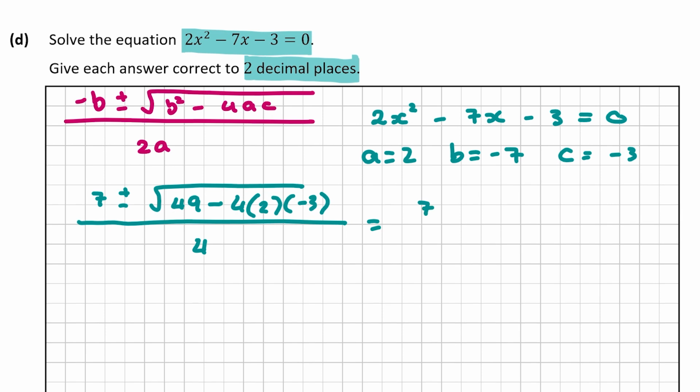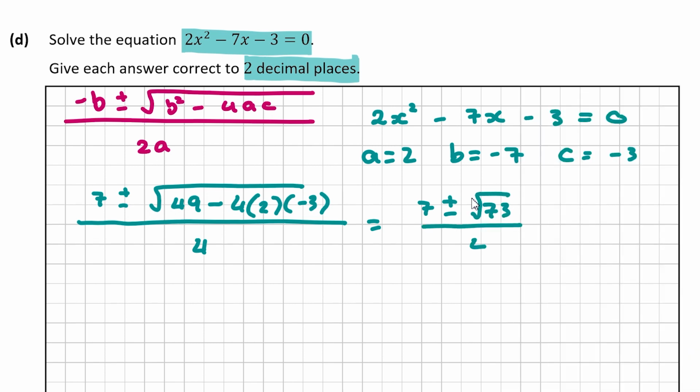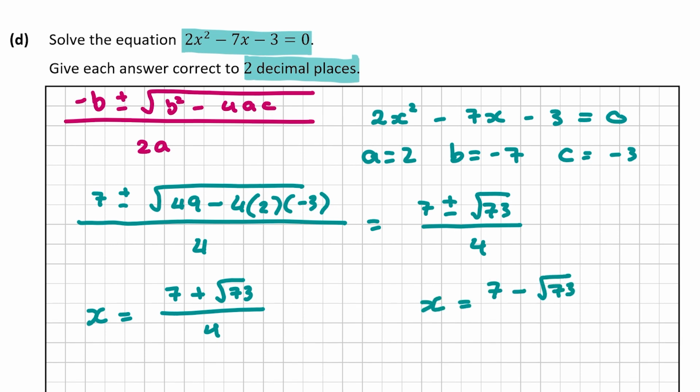So we have 7 plus or minus, and I'm going to work out what's inside the square root. So that's 49 minus 4 by 2 by minus 3, and that's the root of 73 all over 4. x is equal to 7 plus square root 73 all over 4. x is equal to 7 minus root 73 all over 4.